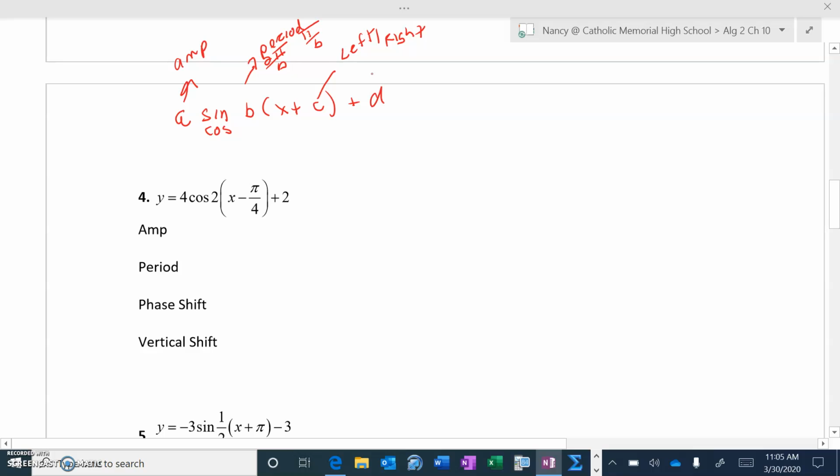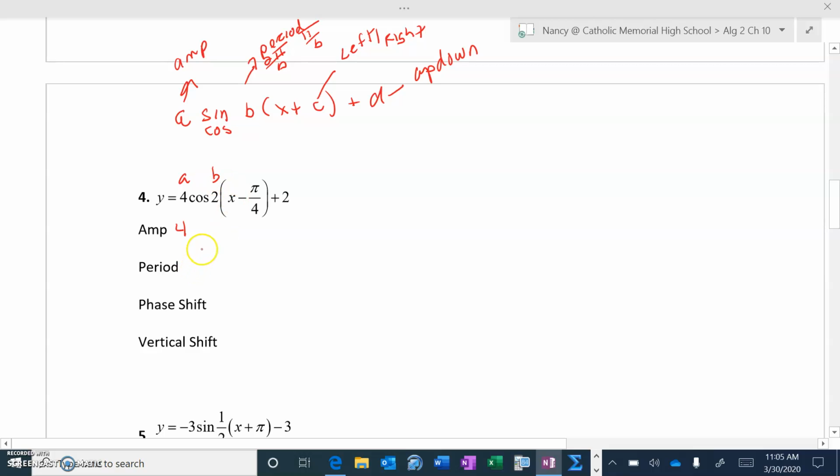Remember, whatever you do to the x, you do the opposite. If you add, you go left. You subtract, you go right. And D is added to the sine function, which is my y, which is an up-down shift. So those are all our shifts with the trig graph. So if I look at that, this is my A, so my amp is 4.